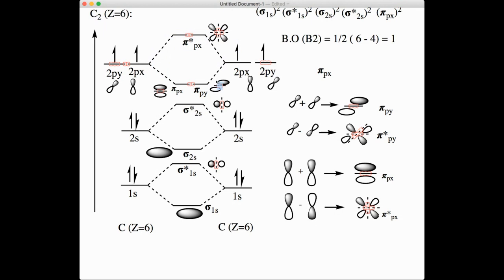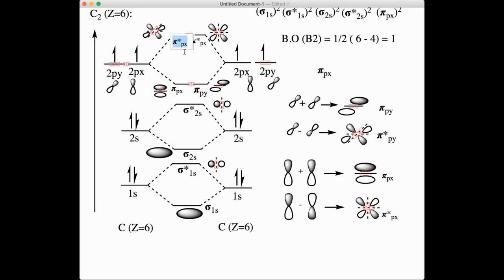Okay, so we have now, once again, I'm gonna review this quickly. We are combining 4 atomic p orbitals, okay? Because of that, we get 4 molecular orbitals, the same number of molecular orbitals as atomic orbitals we combine, okay?